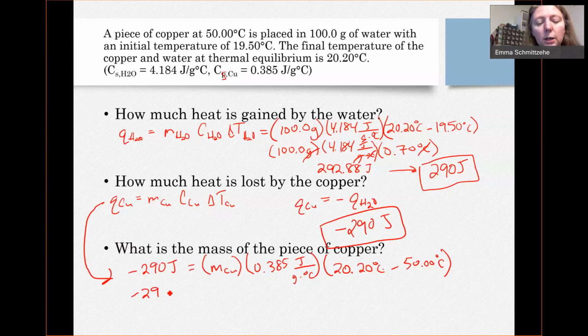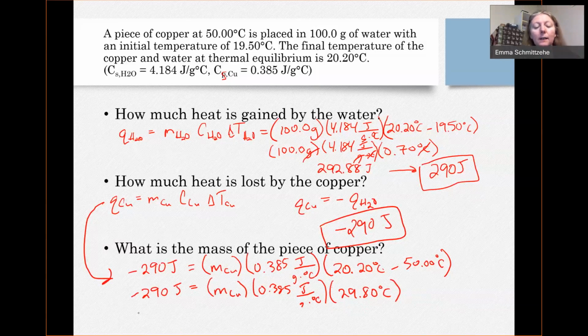So I'm going to do the subtraction first and carry everything else down. My change in temperature comes out to 29.80 degrees C.